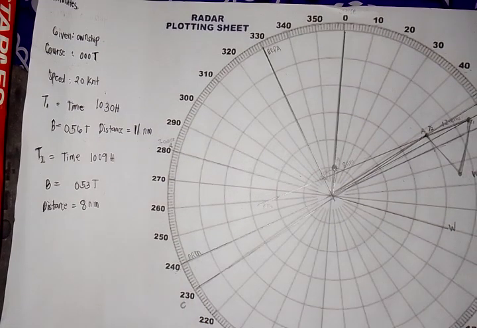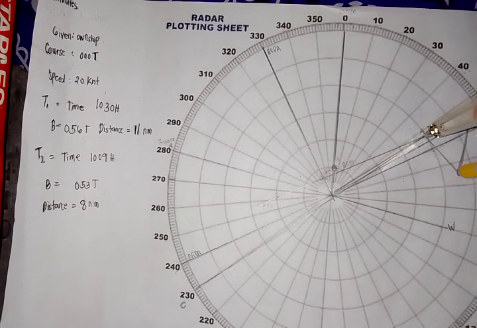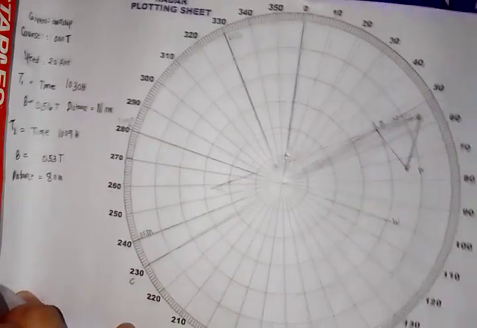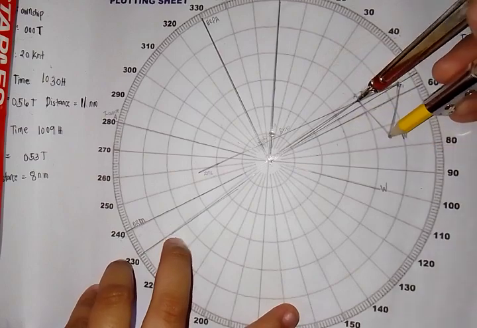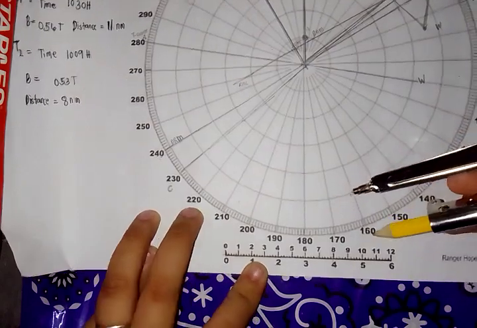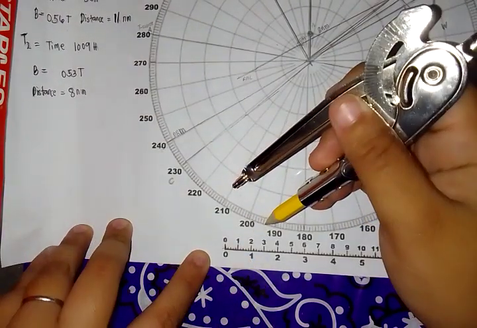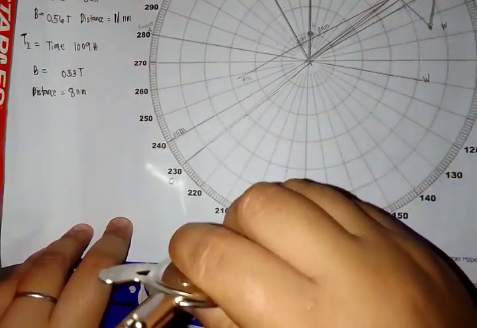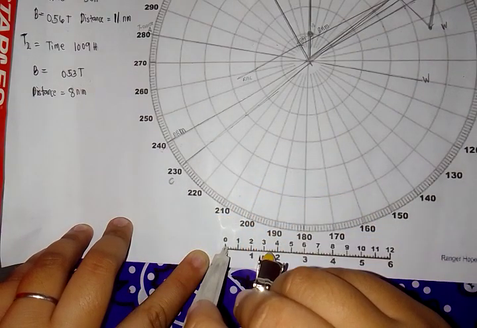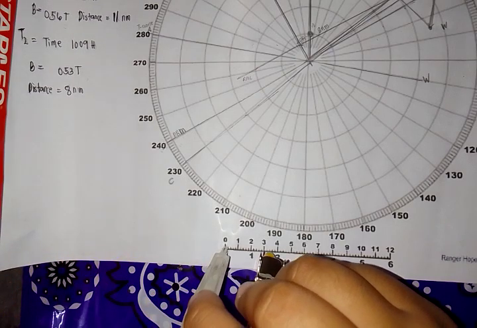To find our true speed, we need to connect our W to A. So this is our A and our W. And next to do is we need to measure with our scale. So as we can see, the result is 3.2.